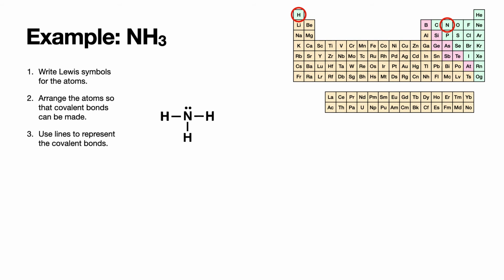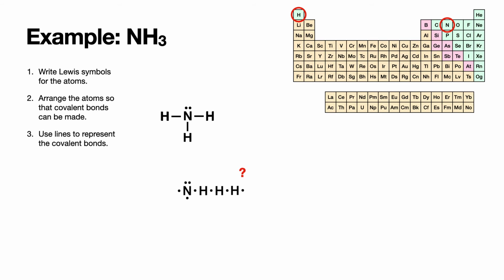Now, there are other ways that we could imagine drawing the NH3 molecule. For instance, we could imagine just stringing the atoms together like this. All the valence electrons are here in this picture, but this is not a satisfactory picture of the ammonia molecule for a variety of reasons.